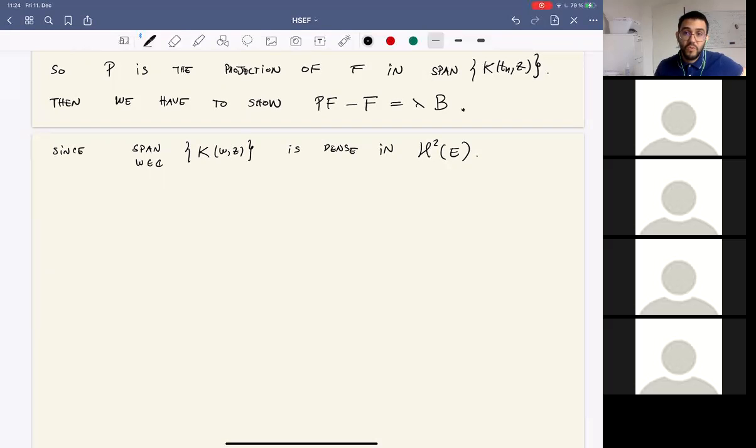Okay, and why is it dense? Because, well, suppose that you have a function which is orthogonal to all these guys. Well, the inner product against one of these guys is just F at W. So it means that F at W is 0 for all W's in the complex plane. Therefore, F is 0.